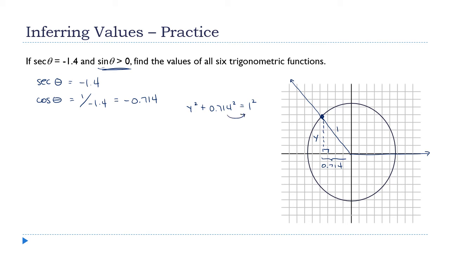So move the 0.714 over. y squared equals 1 squared minus 0.714 squared. And then I'll take the square root of both sides. And my calculator tells me that this is 0.700.